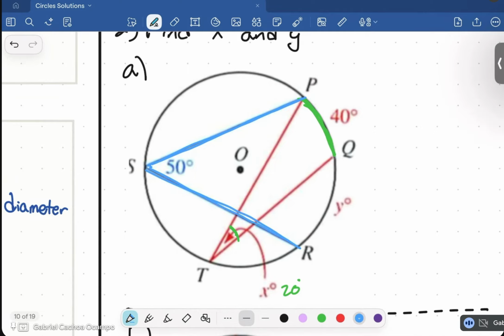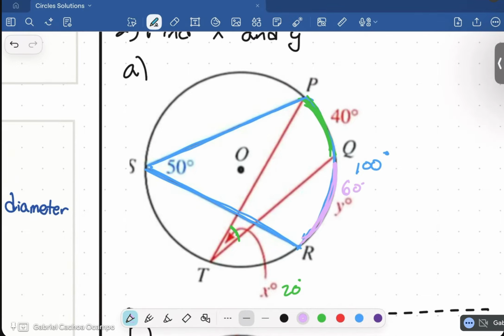If this angle measures 50, that means that this full arc should measure 100. If the full arc measures 100 and this part measures 40, that means that this part should measure 60.